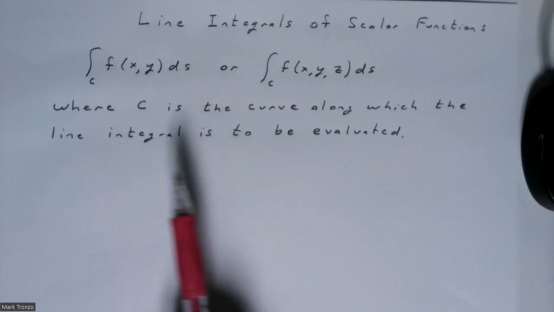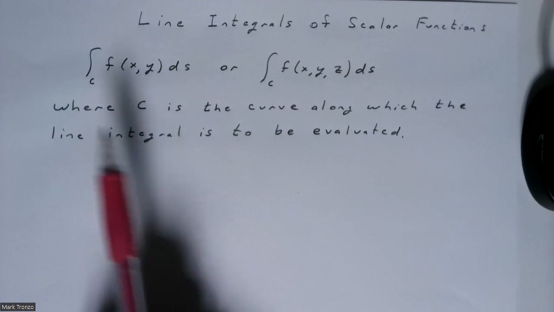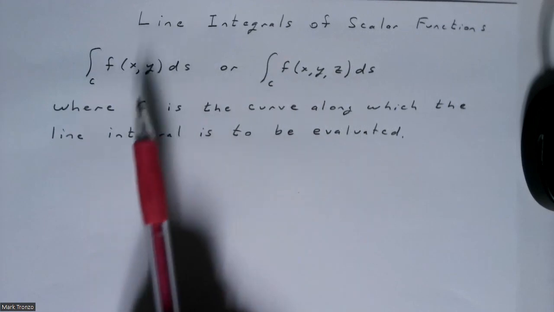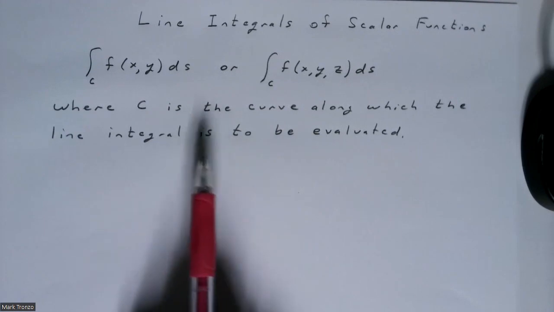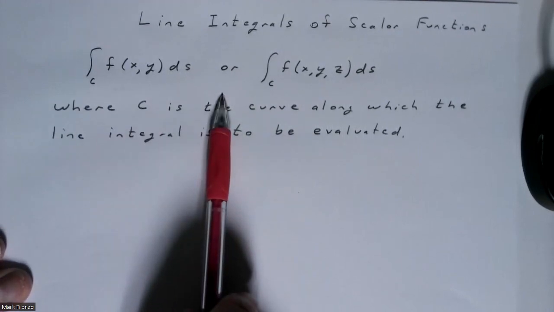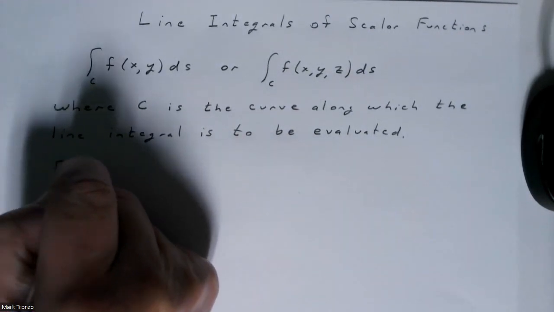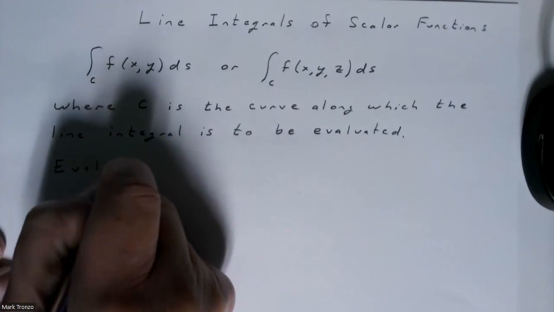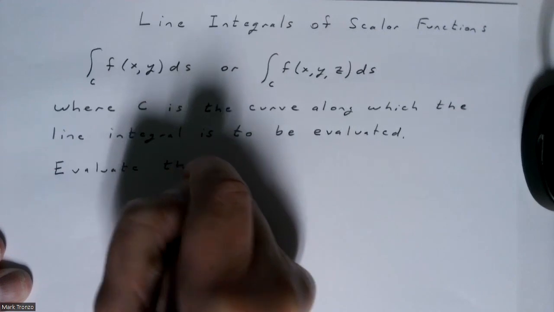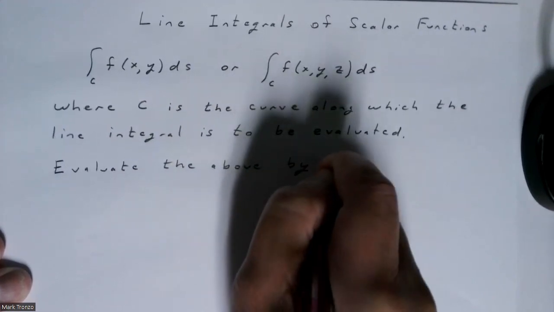Now, it's often been pointed out that line integrals is a misnomer because we're actually usually integrating over curves, not lines, but that's the name that we've been given, so we'll go with that. So now when we do this, we evaluate the above by doing this.